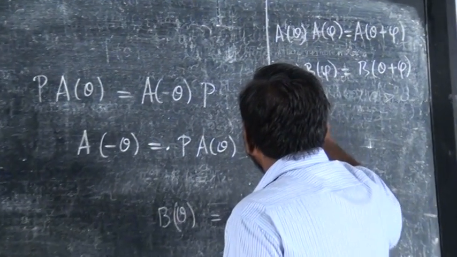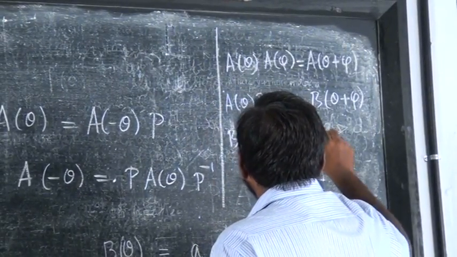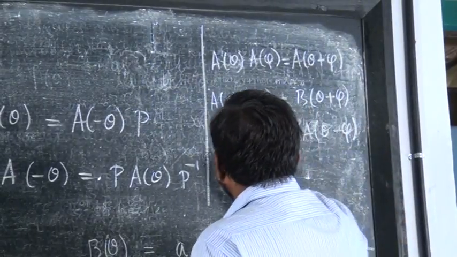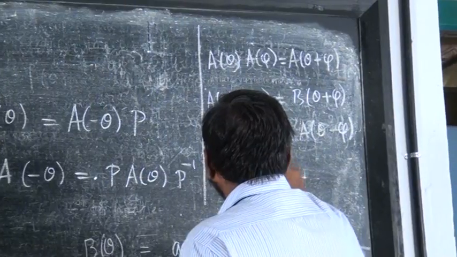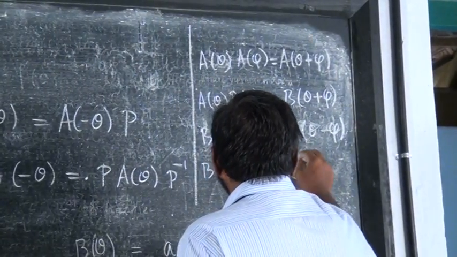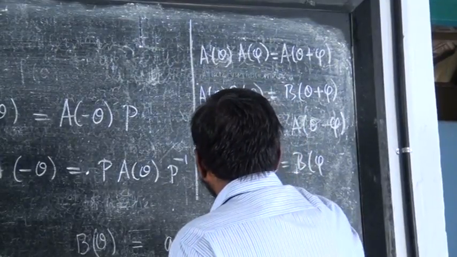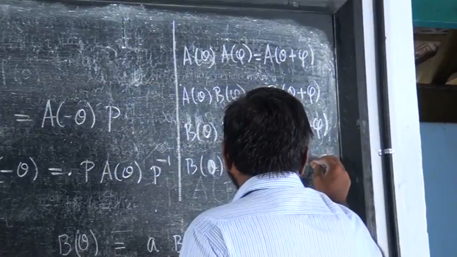And B of theta, B of phi is equal to A of theta minus phi. And B of phi, A of theta is equal to B of theta minus phi.